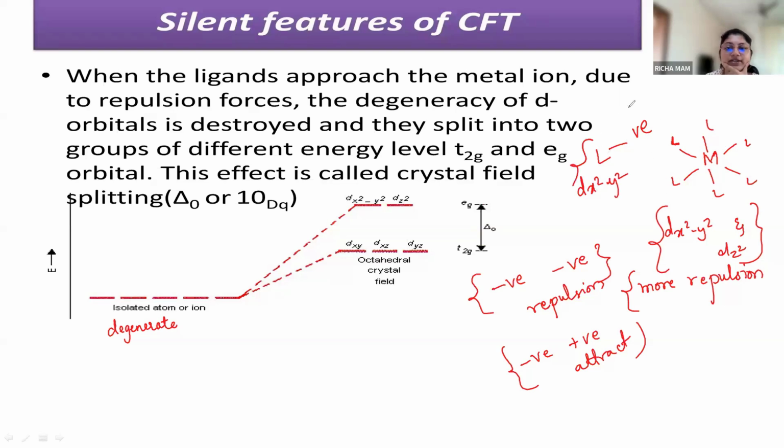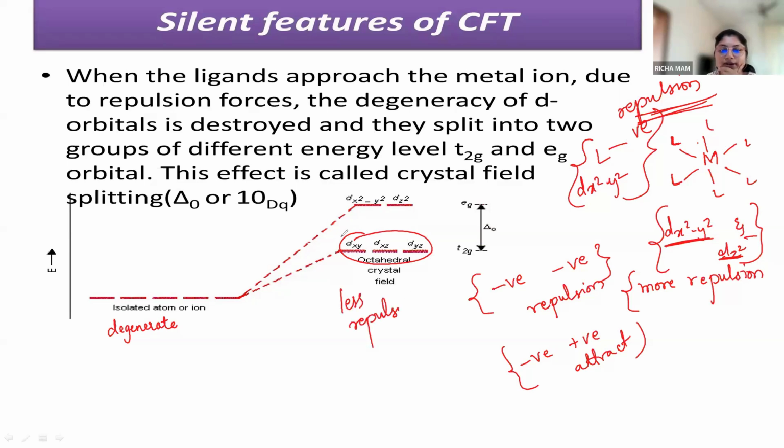Negative and negative, so repulsion takes place when the ligand approaches the central metal ion. Thus, the energy of dx square minus y square and dz square will increase. The repulsion will be more between these orbitals, while dxy, dxz and dyz will experience less repulsion.